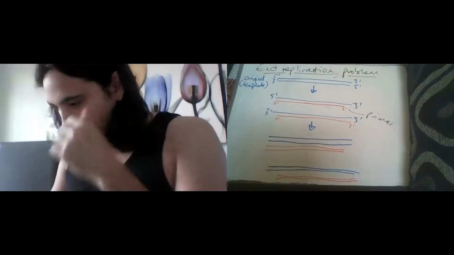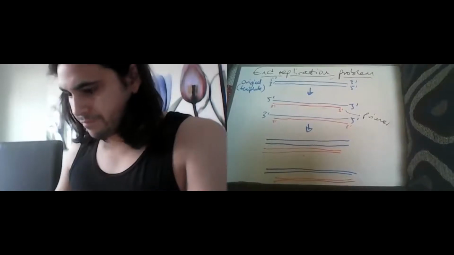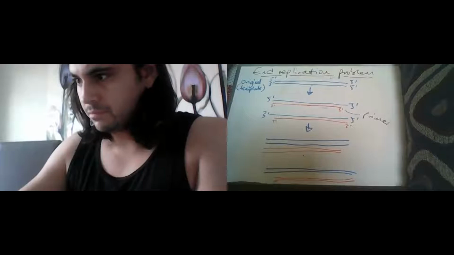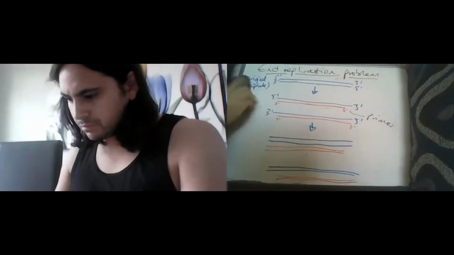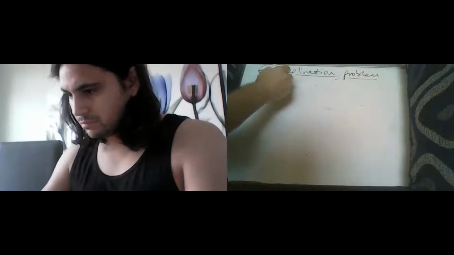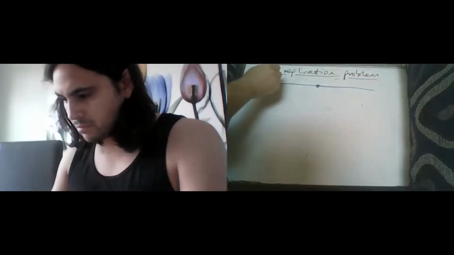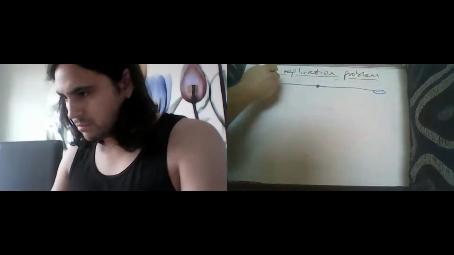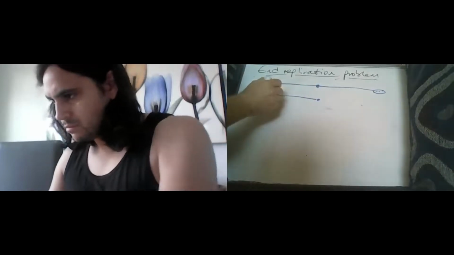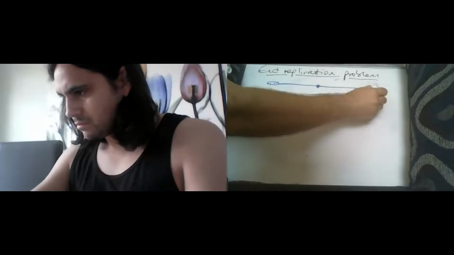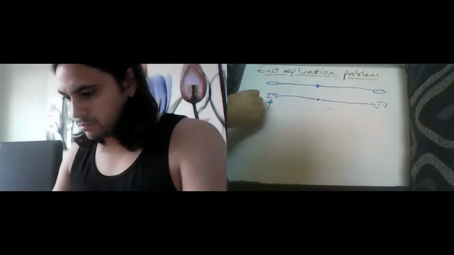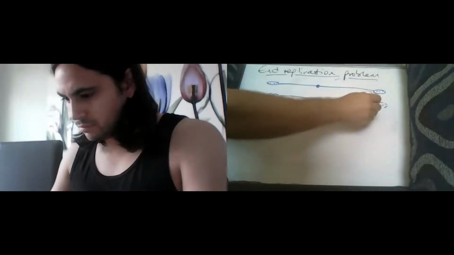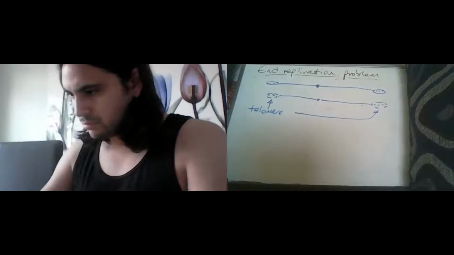So essentially, let's take a picture of this. And if we zoom out a whole bunch, for each chromosome, and they don't look like cotton swabs or anything, we have our telomeres, right?